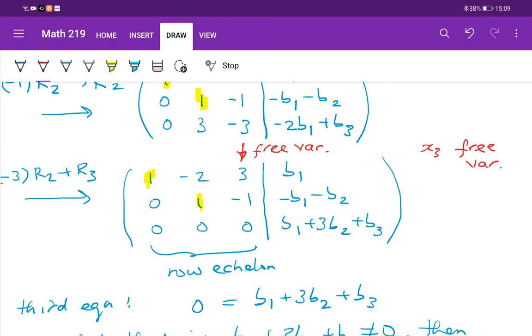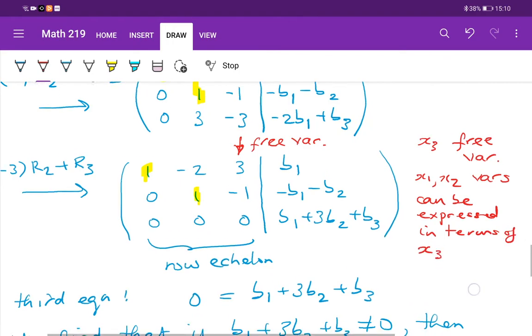Columns 1 and 2 have a leading 1, so x1 and x2 are variables that can be expressed in terms of the free variables, which is just x3 in this case.